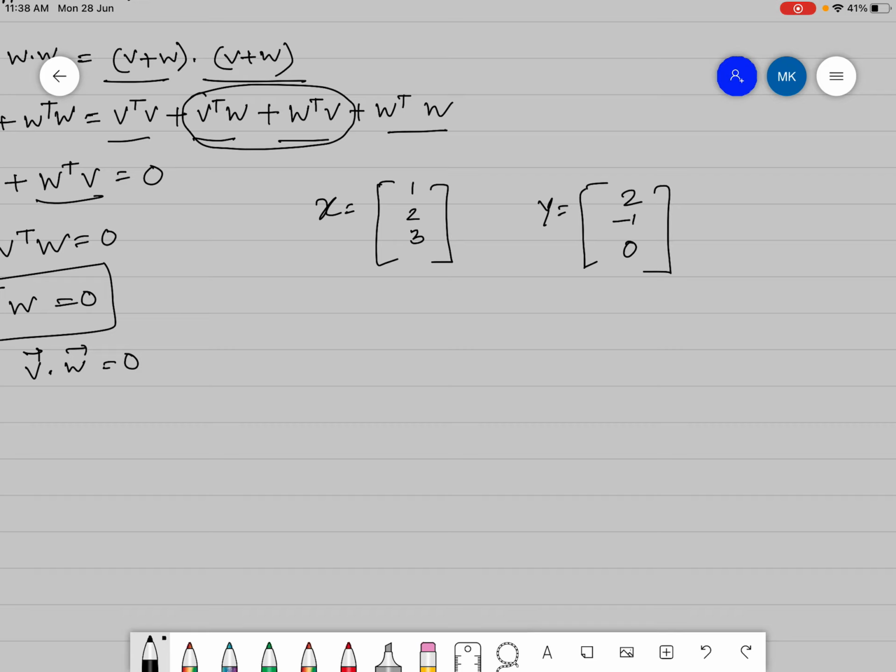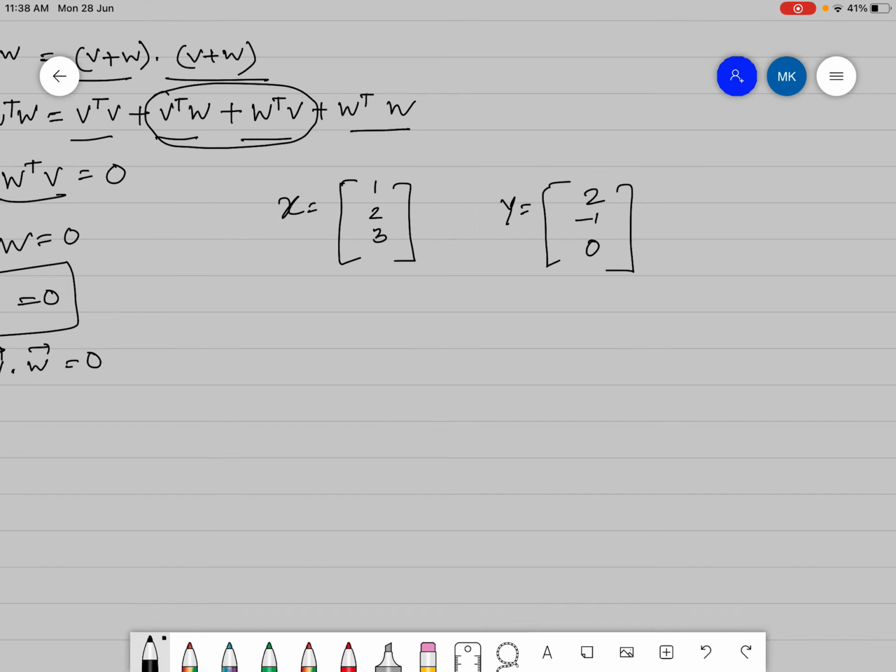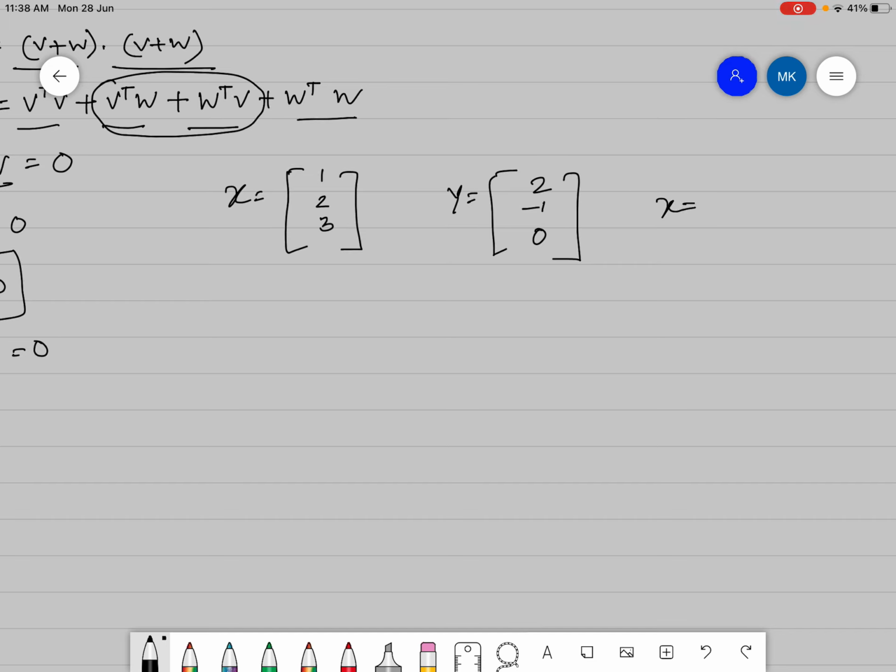If you make the dot product, you'll get 0, and x plus y is 3 1 3. I'm just adding these two vectors.